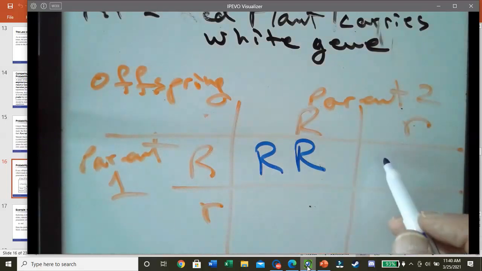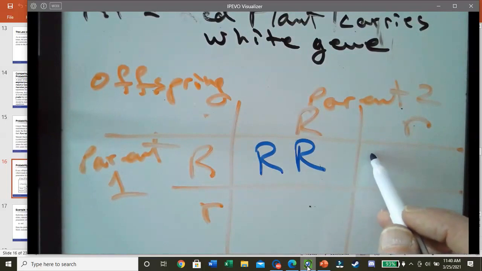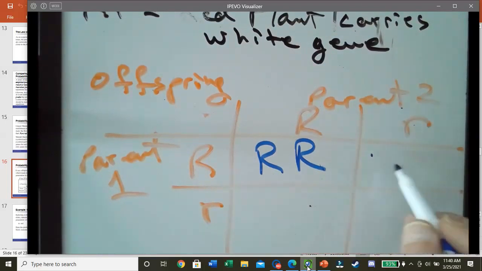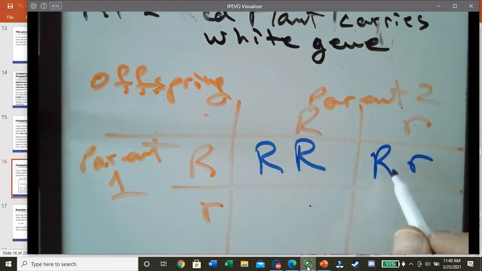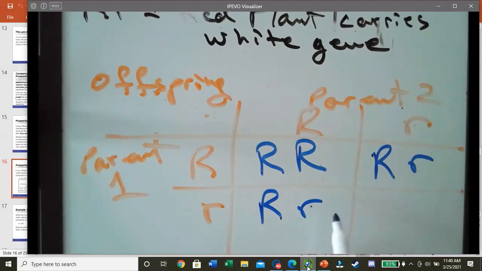So what's the next one going to be? Uppercase and lowercase, right? So this is red, but it carries the white gene. Okay? So what's the next one going to be? Capital R and lowercase r again, right? Whether it's uppercase, lowercase, or lowercase, uppercase, really doesn't matter.